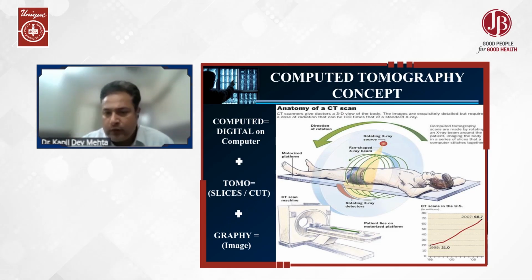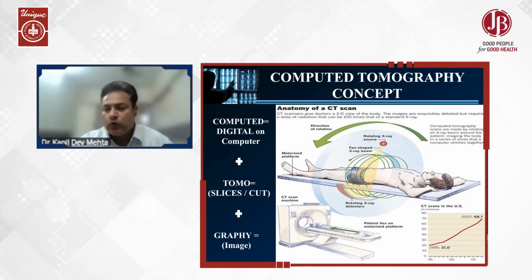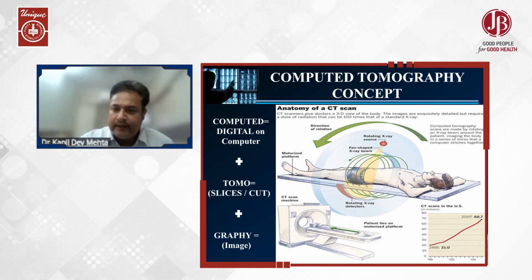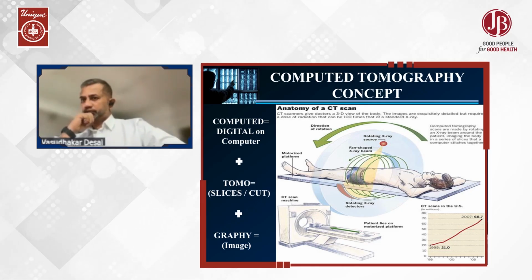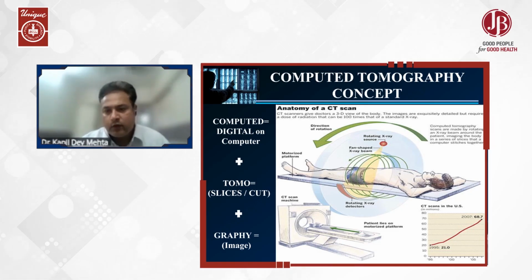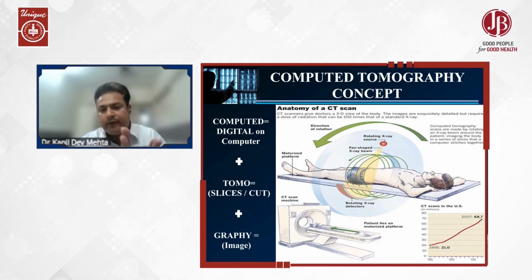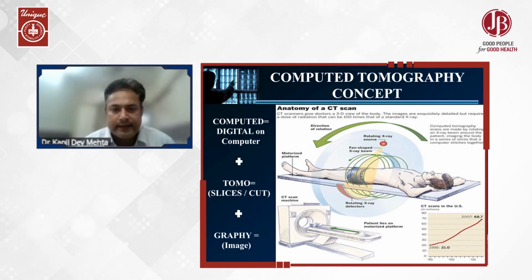X-rays are produced, but they cut through whatever body part you want to image. In the CT scan, there's a coil which rotates and it takes slices one by one of that body part. So that is how CT scan works. You can adjust the level of the slice.